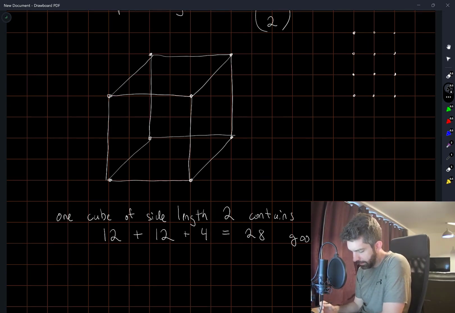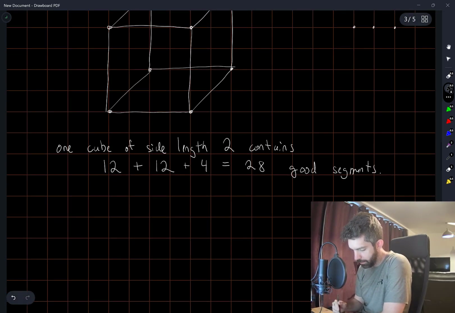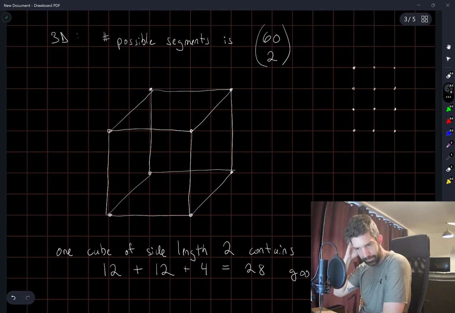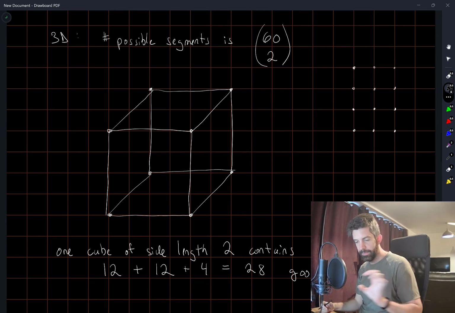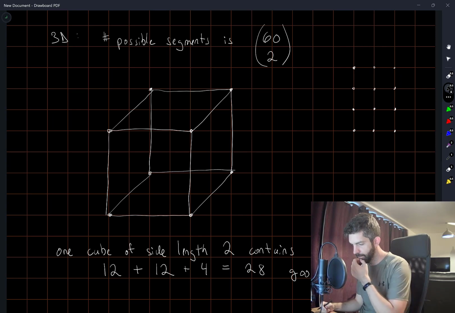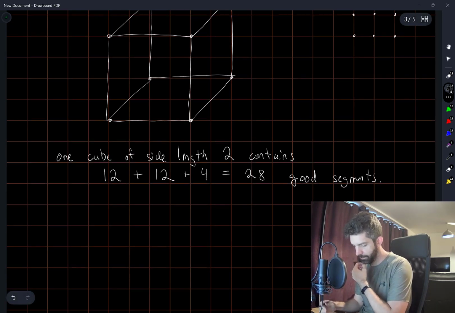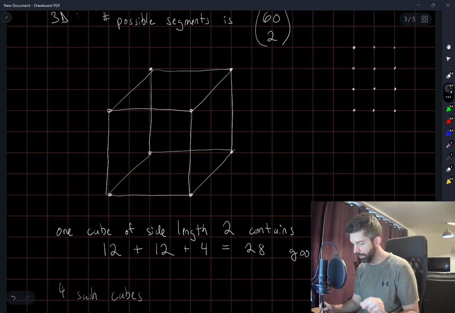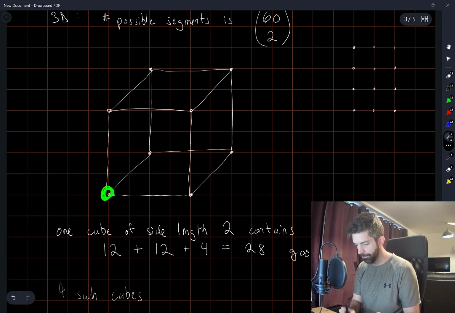Okay, I've got a cube of side length 2, 28 good segments. And how many ways can I repeat that cube and shift it around? So there are 4 such cubes. I take this one, sort of base at the origin.